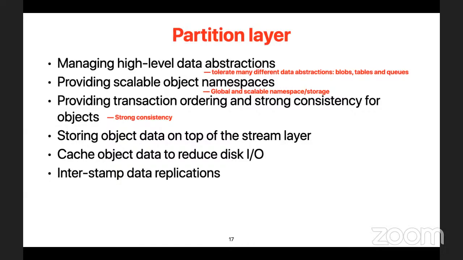So that's a different abstraction. Remember, in the stream layer, although we have the manager, the manager is only there for mapping. It doesn't care about the order of updates. However, the partition layer will decide where this update goes.